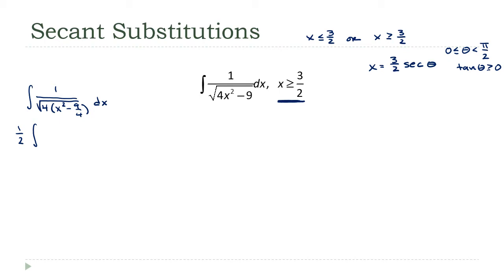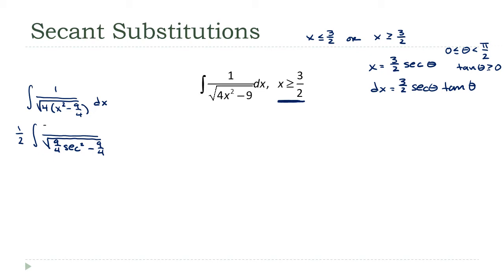This is 1 over the square root of 9/4 secant squared theta minus 9/4. And what's dx? Well, dx is 3 halves secant theta tangent theta. Let me go ahead and put that in the numerator just to save some space here.